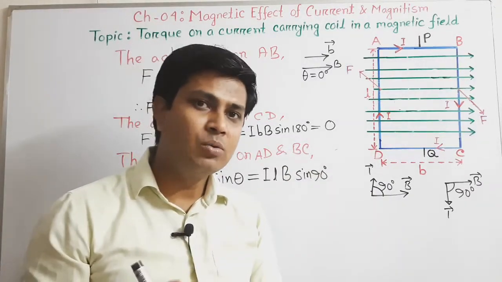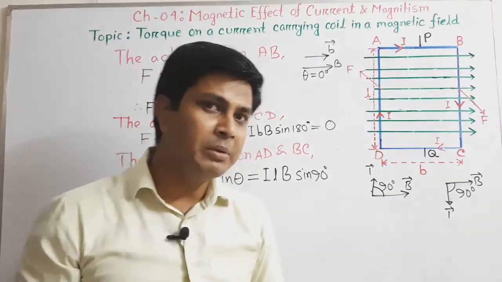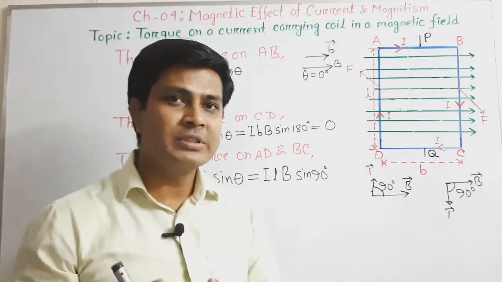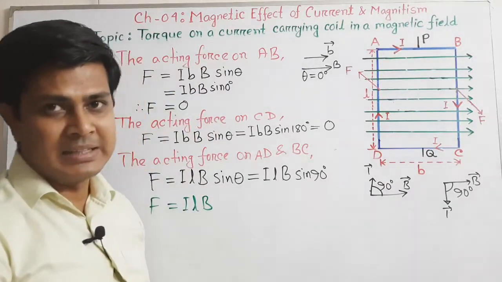Let's see how to calculate the magnitude of the torque. The magnitude of the torque will be the product of either force and the perpendicular distance between the two forces acting.